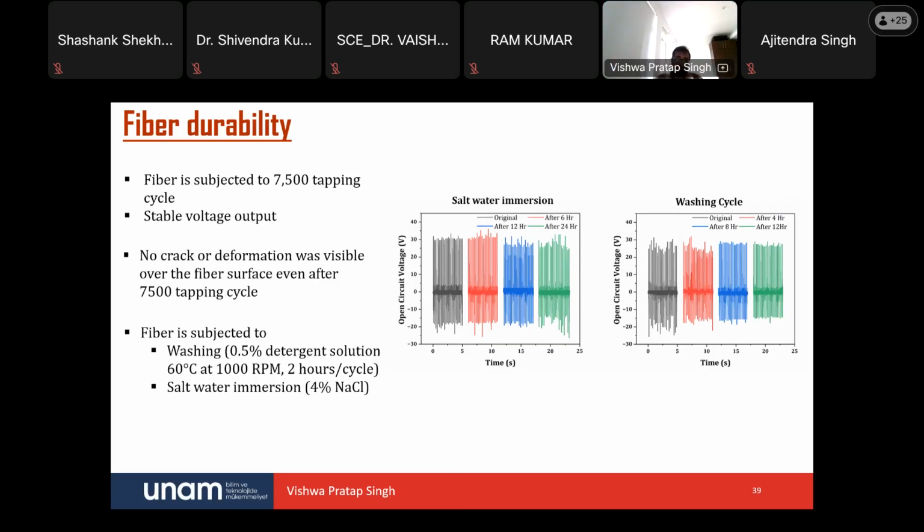It's quite good, so we can use it in very rough, tough conditions. So this is the real textile-based system. This fiber can be knit into very suitable textiles, and we can wash those textiles and immerse them in salt water. That's not an issue.